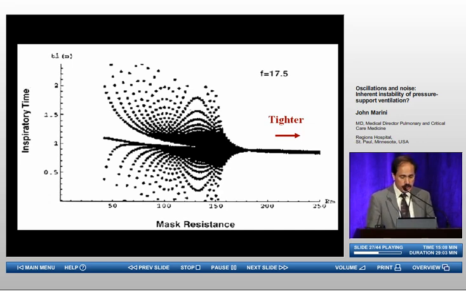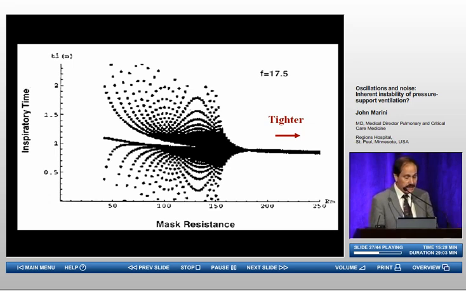If we look at mask resistance along the horizontal axis in a mathematical model, when you have a tight mask, you have stability. Your inspiratory time for an unchanging effort is going to be identical. Your tidal volume is going to be nearly identical for the same effort, and there's no problem.